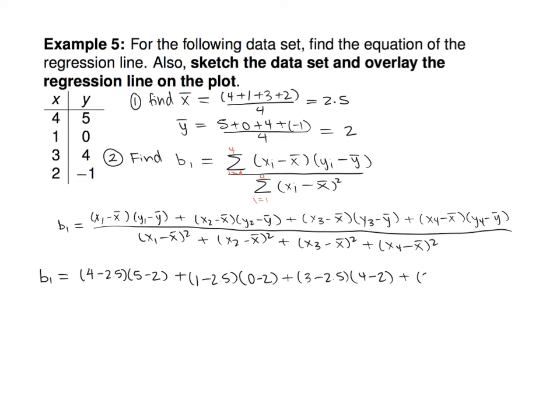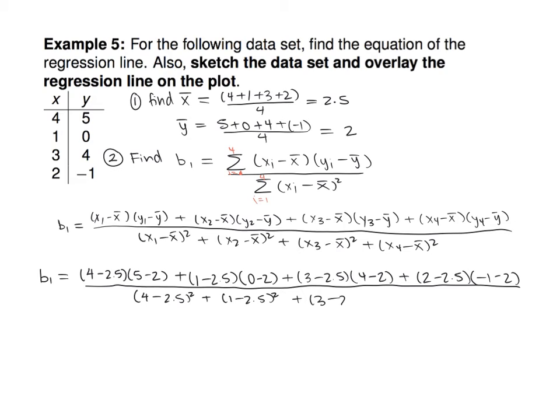And the fourth x is 2. And the fourth y is negative 1. So there's all the stuff in your numerator. All of that is over, well, first x, 4 minus 2.5 squared, 1 minus 2.5 squared, 3 minus 2.5 squared, and 2 minus 2.5 squared.